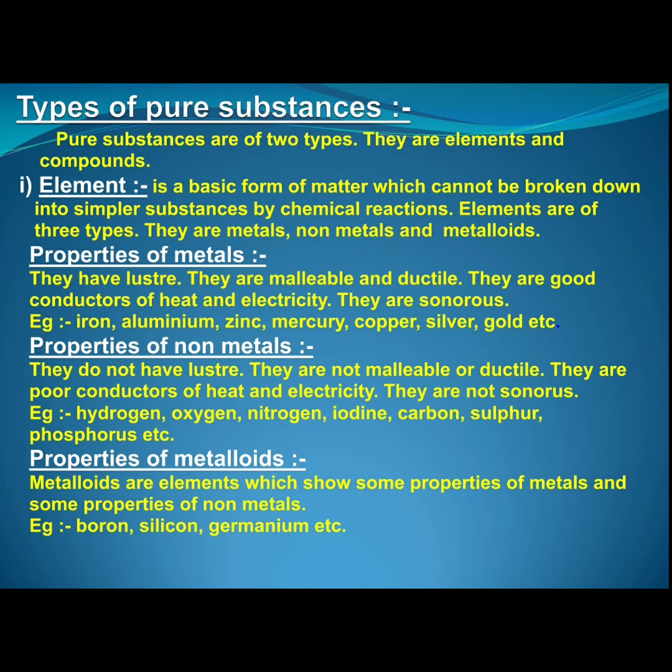What are metalloids? Metalloids are the elements which have some properties of metal and some properties of non-metals. Means it is the mixture of metal and non-metal. We call them semi-metals also. Example, boron, silicon, germanium, etc.